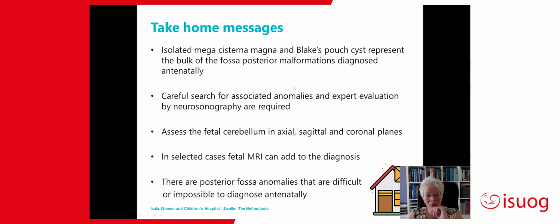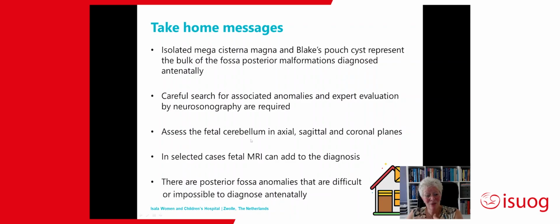So I would like to conclude with these take-home messages. If there's an isolated megacisterna magna or Blake's pouch cyst, they represent the bulk of the posterior fossa malformations. If we see something in the posterior fossa, you have to look for associated anomalies and you have to do an advanced neurosonography scan.